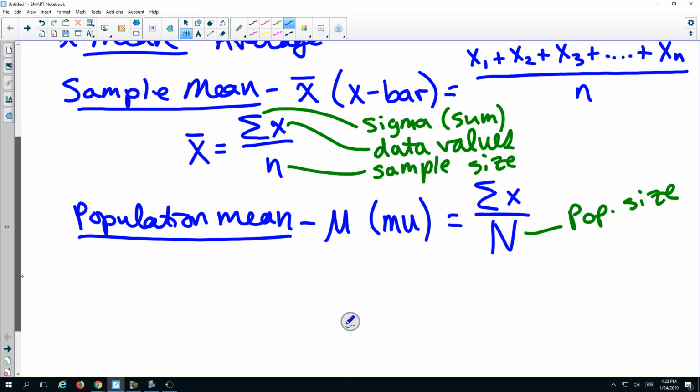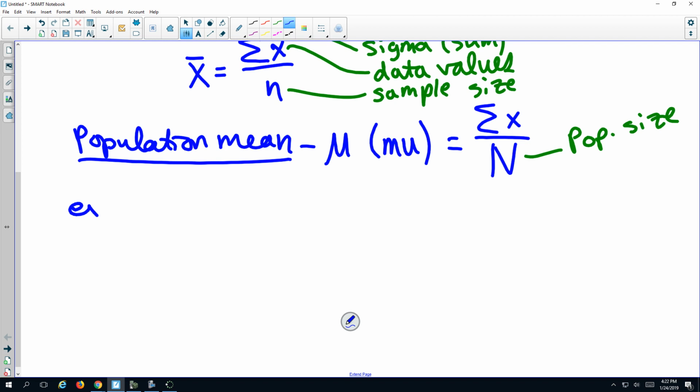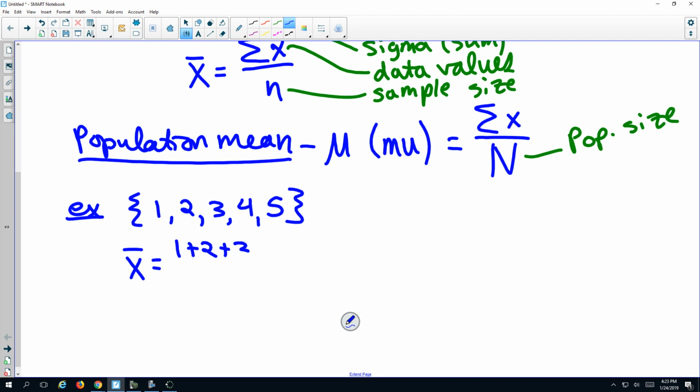So for example, here's my sample. So if I compute sample mean, I'm going to call it x bar. I'm going to add up all the data values, divide by how many there are.